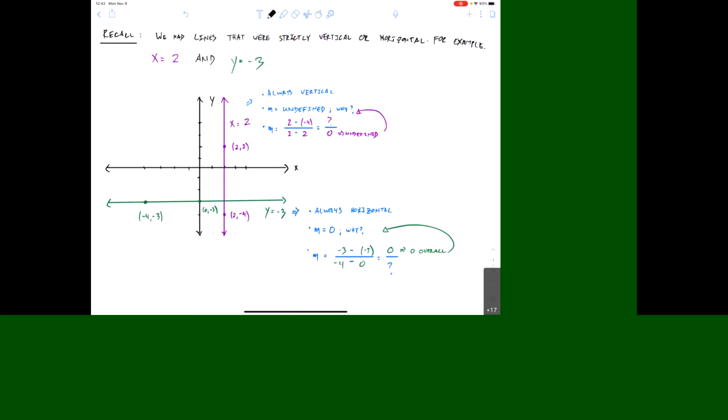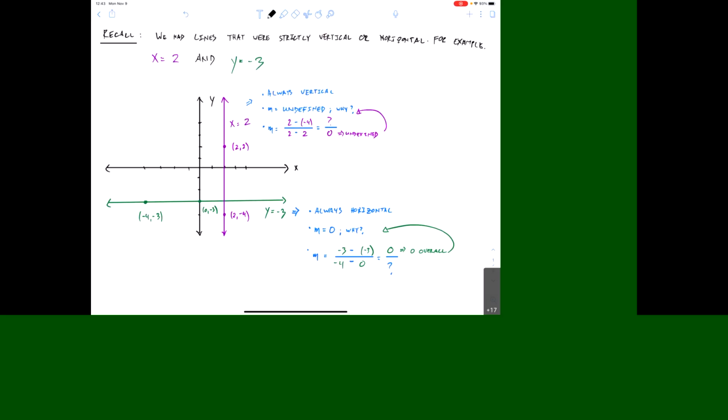You're always going to have this. You're always going to see it. You're always going to graph it. You're always going to run into it where if you have vertical or horizontal lines, someone, some way will always bring up the fact that, oh, well, what's the slope in that case?